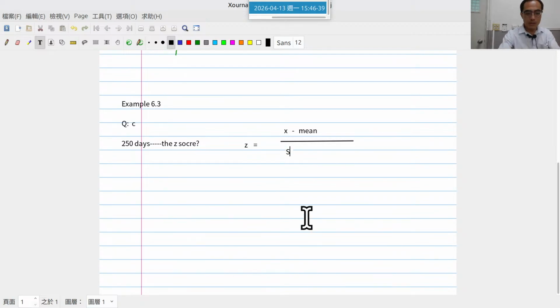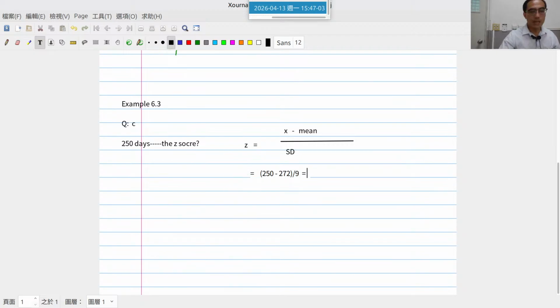And now we know that the z would be 250 minus 272, put them in the parentheses, and divided by the sigma, that is 9 days.